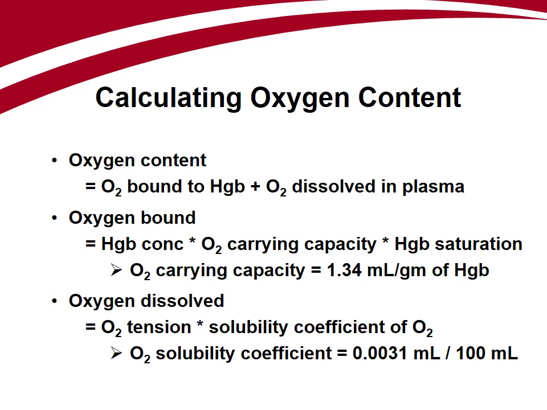The amount dissolved in plasma is dependent upon two factors: the partial pressure of oxygen and the solubility of oxygen in blood. For humans, the solubility coefficient of oxygen is 0.0031 milliliters of oxygen per deciliter of blood.